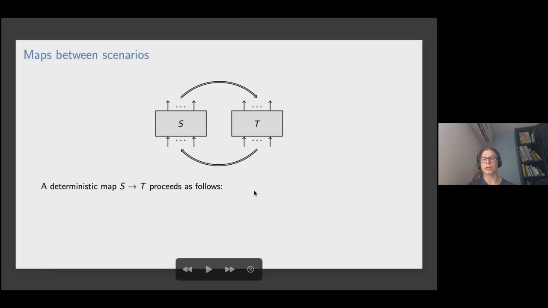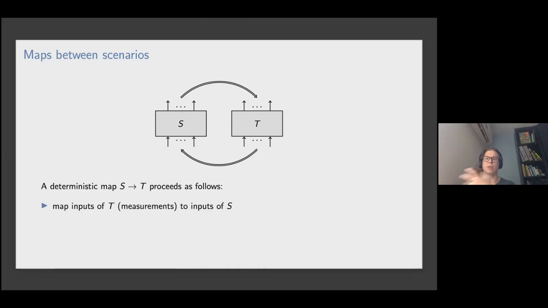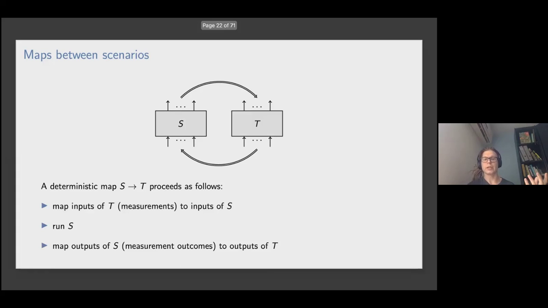Whenever someone tells you to measure something in T, in the box that you pretend you have, you translate it by some function that tells you what to measure in S instead. So someone asks you a question about T, you measure a corresponding question in S. You run S, you get some answers, and then there's some rule, some function that tells you what outcomes in T you pretend you got. Any such recipe is then a map between these scenarios.